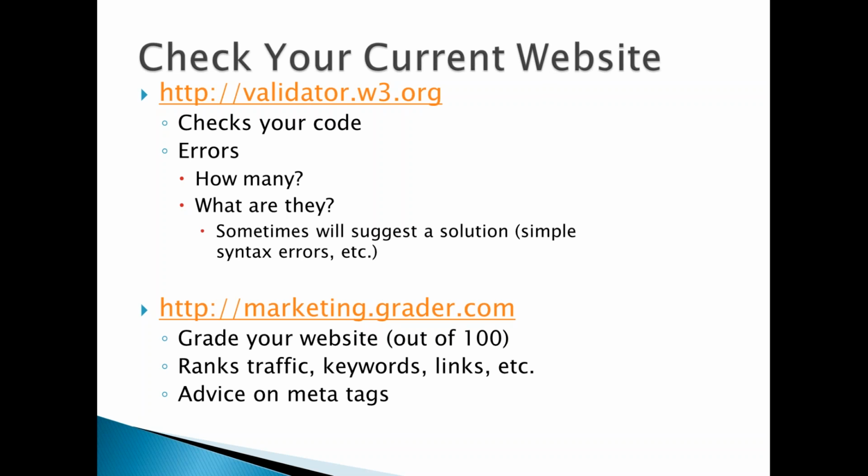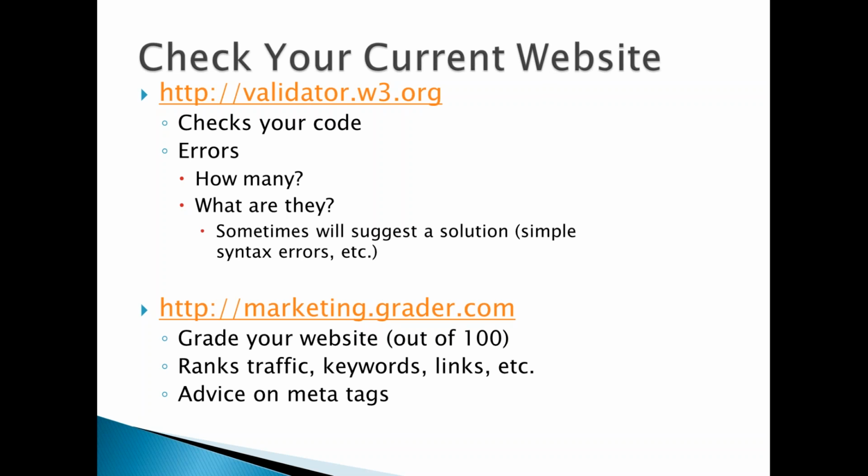You want the green word pass to come up. Because if you have programming errors, that means your website may not look or function properly in different search engines. And you don't want that. Because you're going to lose clients, you're going to lose customers, you're going to lose business, which means you're going to lose money. So you can actually use this free tool, and it will tell you exactly what the programming errors are, if there are any, and how to fix them.